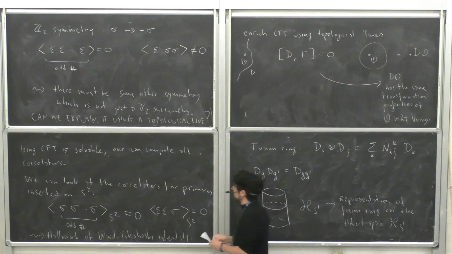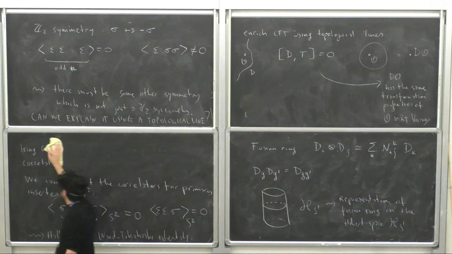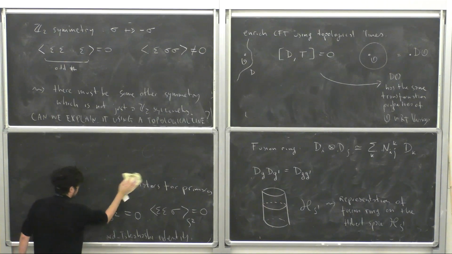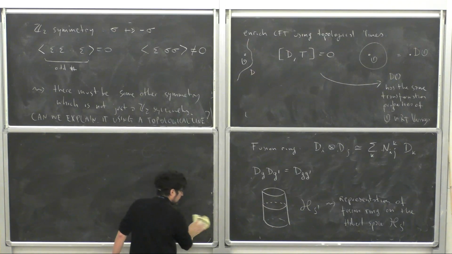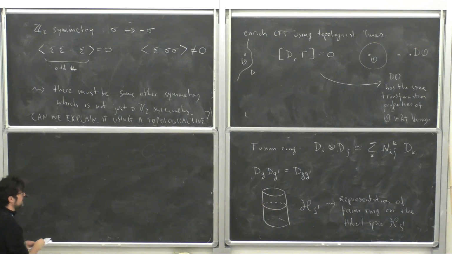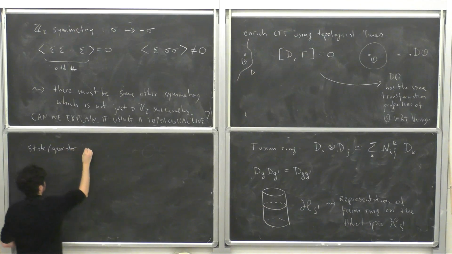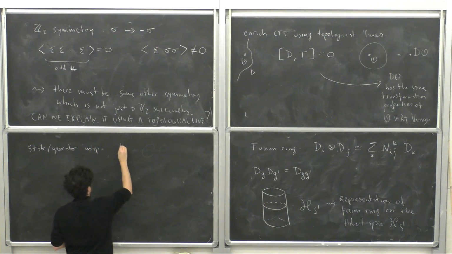In particular, we can consider what happens if, across the state operator map, we have an action of the symmetry on the vacuum.